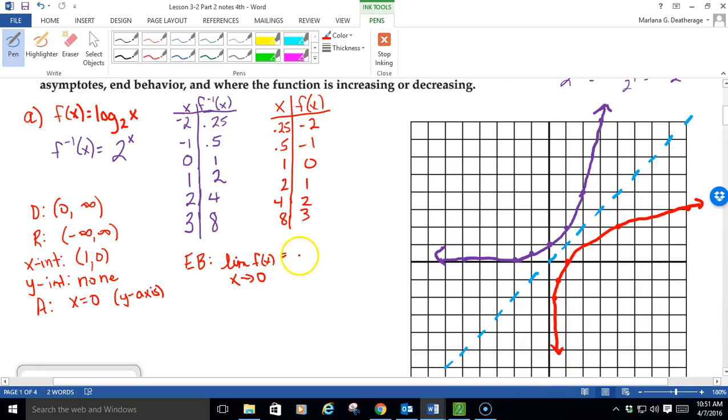Negative infinity, because it's going down forever. Now moving to the right, the limit of f of x, x is approaching infinity. Now what is y doing as x is getting larger and larger? What's y doing? Getting larger and larger. So it's approaching infinity also.